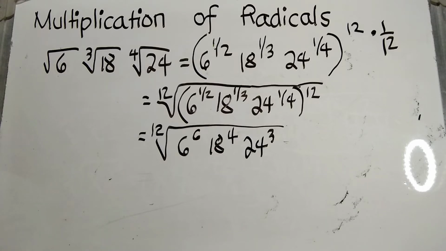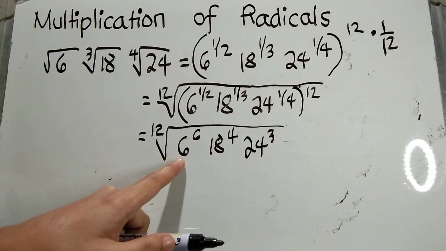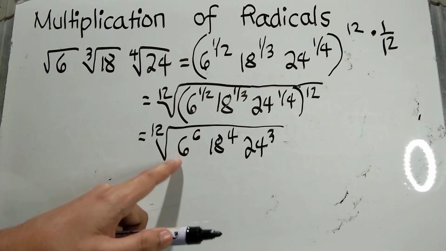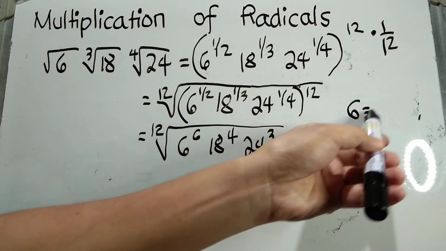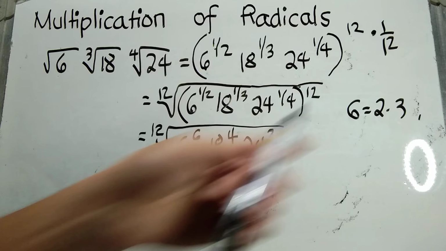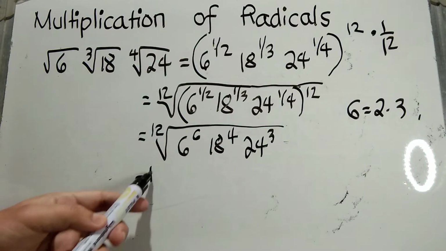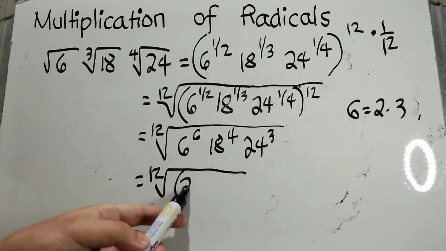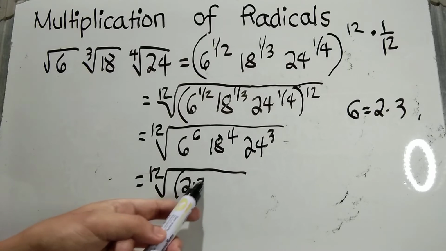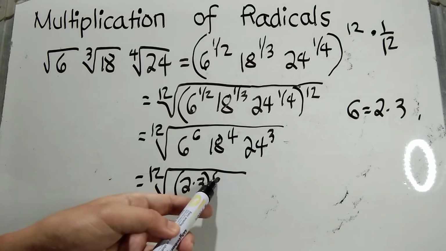Now in this case, all we have to do here is to get the prime factorization of 6. When you say 6, this is equivalent to 2 times 3. So we can replace 6 as 2 times 3 raised to the power of 6.